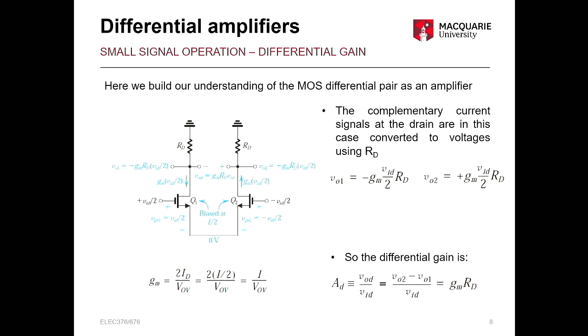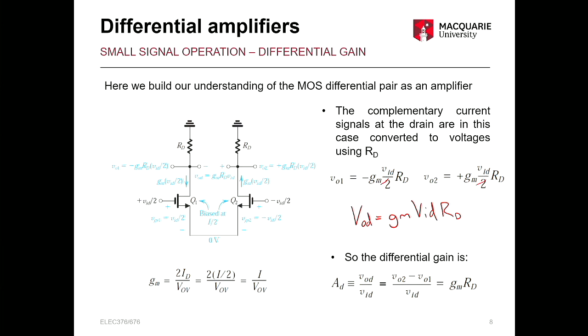So that will be VOD, which is just VO2 minus VO1. Okay, because you can see that it essentially just removes the divide by 2 out of here.